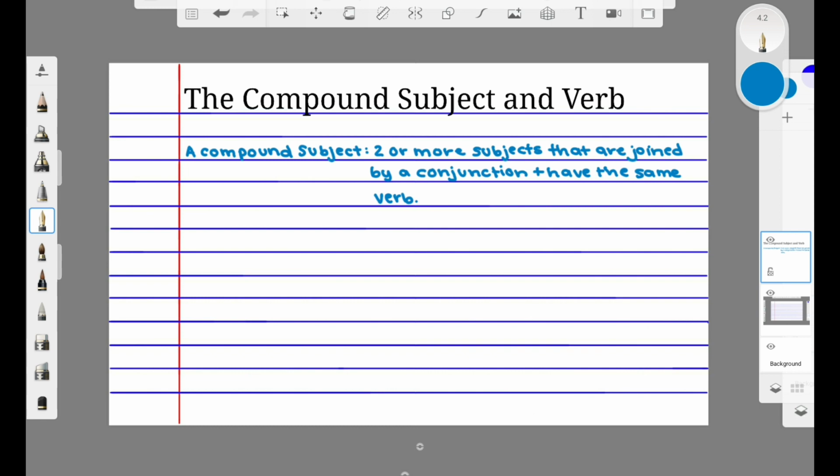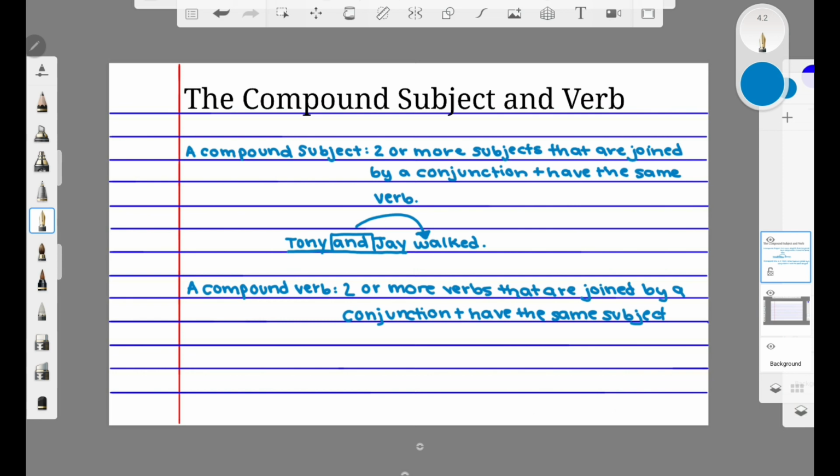So for example, if we were given a sentence like, Tony and Jay walked, our compound subject would be Tony and Jay because they are joined by a conjunction and they have the same verb. They both walked.